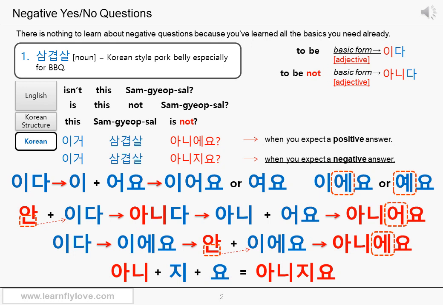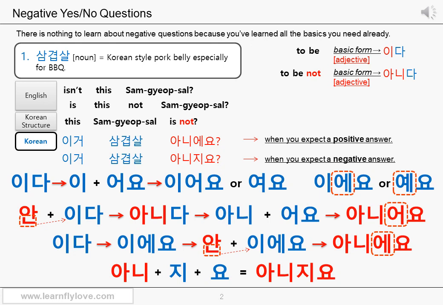So when the speaker asks a question in a negative form with 지 sound, the speaker is asking for confirmation of a negative belief. And when the speaker asks a question in a positive form with 지 sound, the speaker is asking for confirmation of a positive belief. Interesting, isn't it? So, 이거 삼겹살 아니에요?